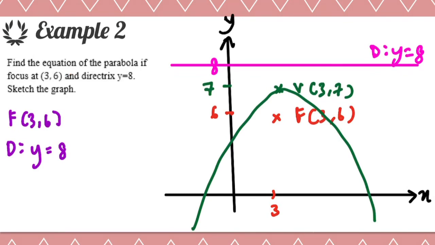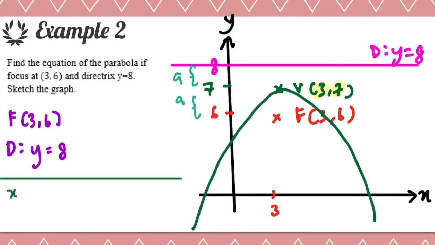But another question asks you to find the equation. So let's write the general form of the equation of a graph opening down: (x - h)^2 = -4a(y - k). Let's put in our h and our k, which we already know. h is equal to 3, k is equal to 7.